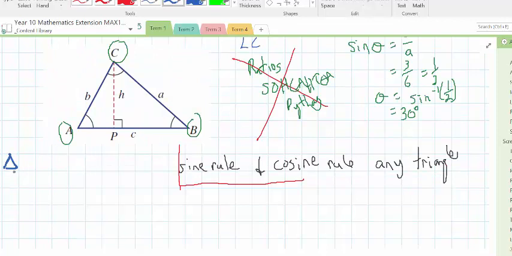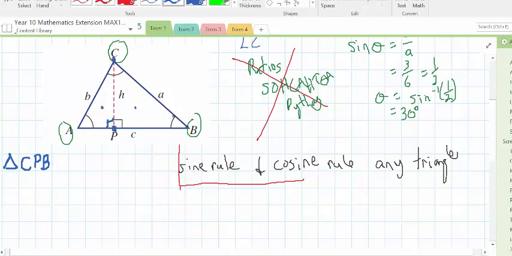We're now going to develop the sine rule. So first of all, using this non-right angle triangle here, we're going to look at triangle CPB. Now you notice that we split the main triangle into two small triangles, and they're right angle triangles. So CPB, the right hand triangle.